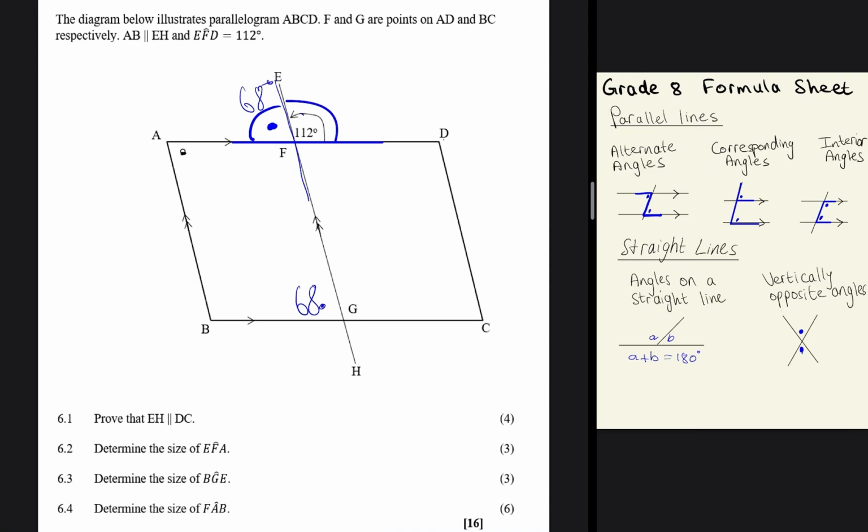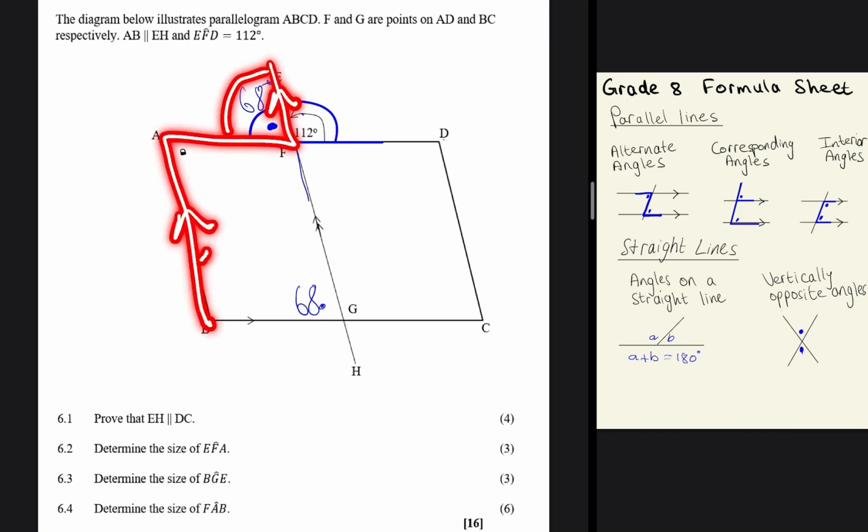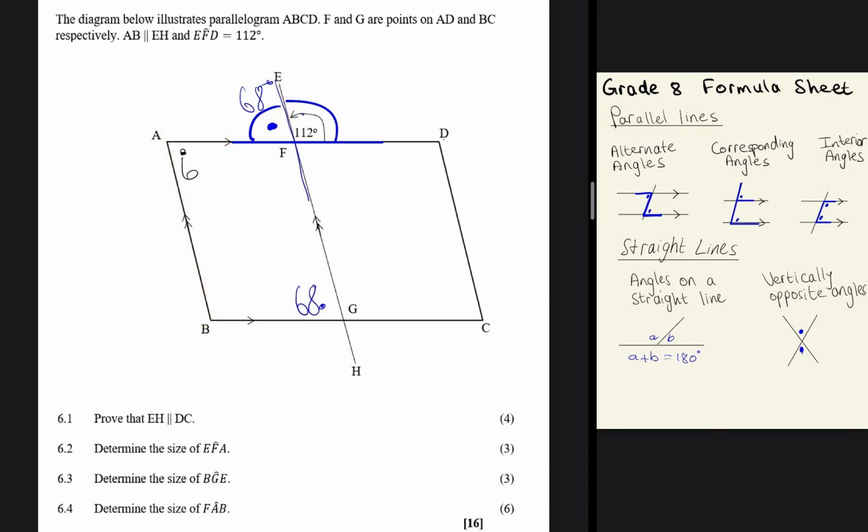Look at the formula sheet, and you see a Z. There's the Z. Why? Because these two lines are parallel to each other, AB and EH. And if they are parallel, it means this angle over here is the alternate angle, and those angles will be equal to each other. That means this angle FAB will also be equal to 68 degrees.